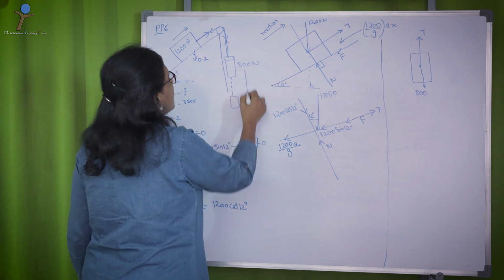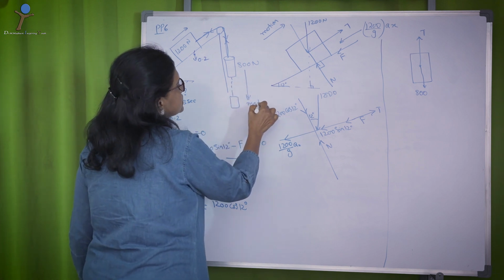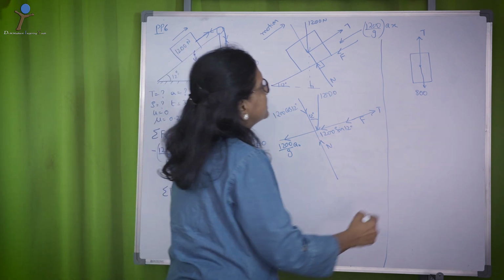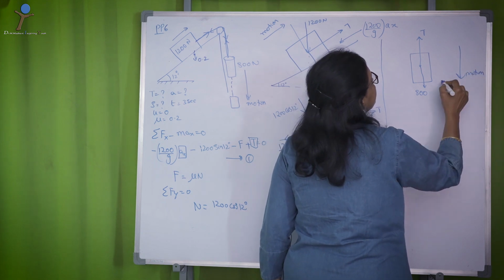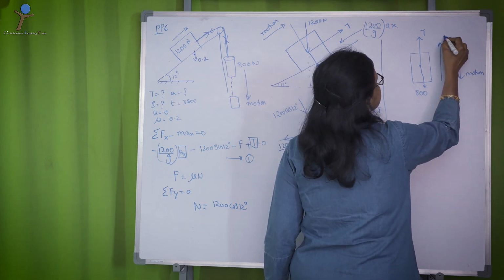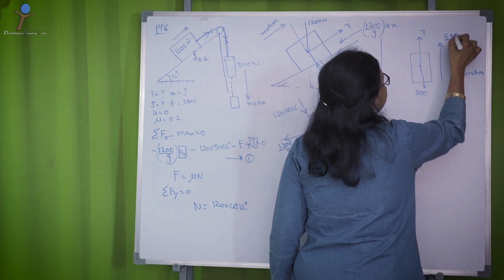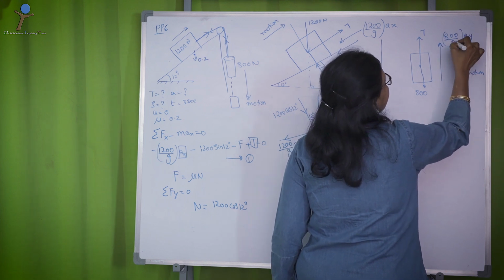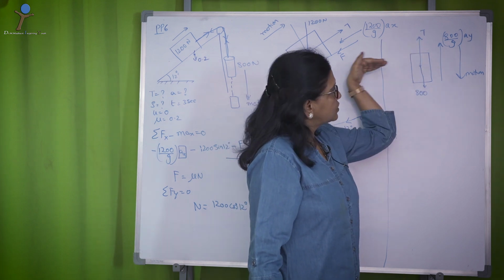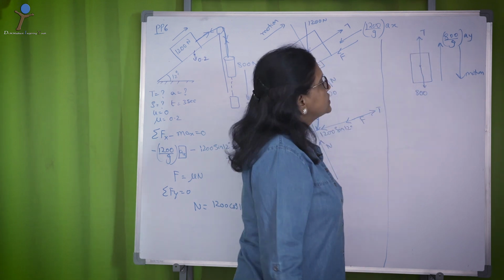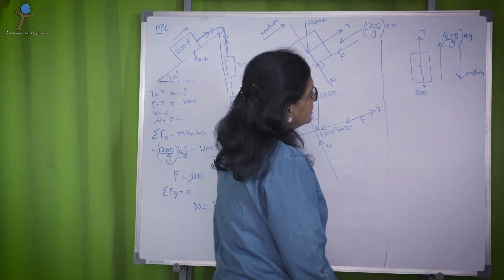However, the body moves downwards, so the motion is in downward direction. Since the motion is in downward direction, your inertia force, that is 800 by g into Ay, is in upward direction. Now, in Y direction there is a motion, there is no motion in X direction. So, these are the forces that are acting on the body.